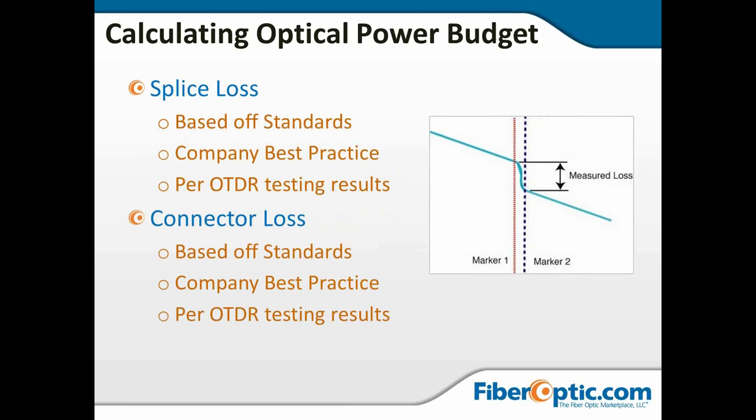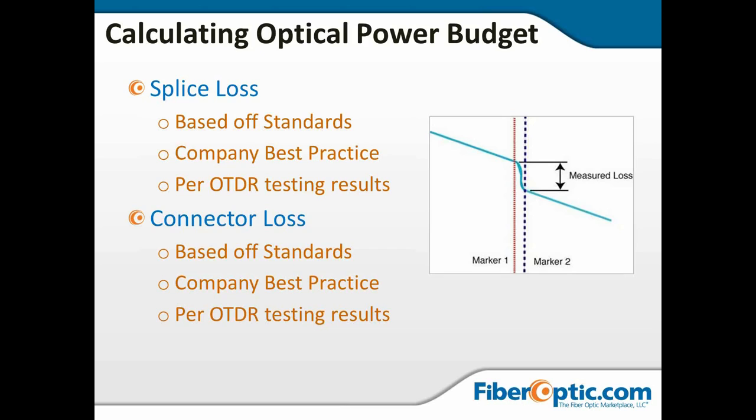Splice losses and connector losses. Now, in both of these, we have to look at how we are going to design. As Jessica said in her introduction, fiber optic design is more about asking the right questions than having all the answers. And in this case, we've got some questions to ask.